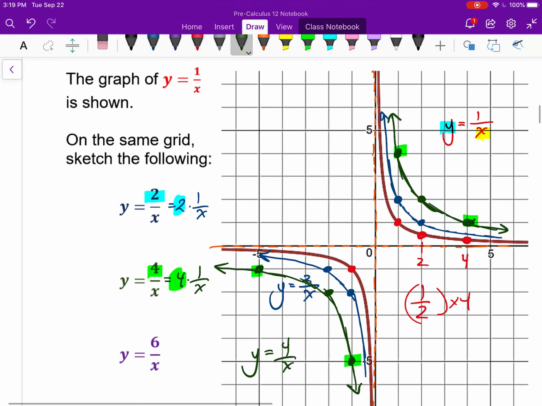And lastly, 6 over x. I'll do this pretty quickly. So I can see it's going to go through 1 comma 6. It's also, maybe we can guess, going to go through 6 comma 1. And if I know those 2 points, I can also draw 2 points over here. And then if I just keep plotting more points like I did before, just picking some points on 1 over x, or even just picking some points here.